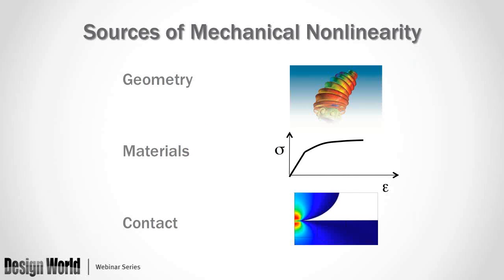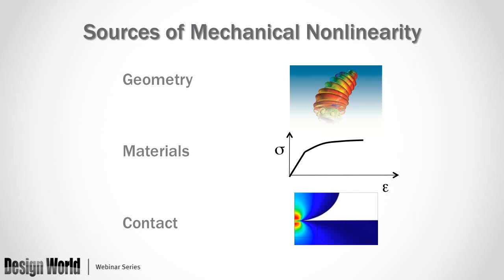And I would also like to review this as well. The first place that mechanical nonlinearity comes in is in geometry. If you bend something too much, then there'll be a nonlinear relationship between the displacements and the stresses and strains. So that nonlinearity comes in directly through the geometry.